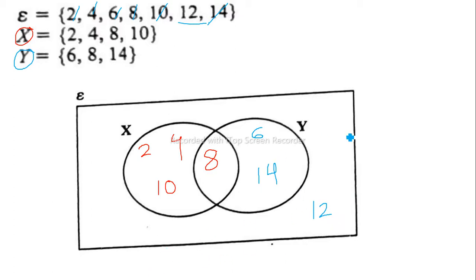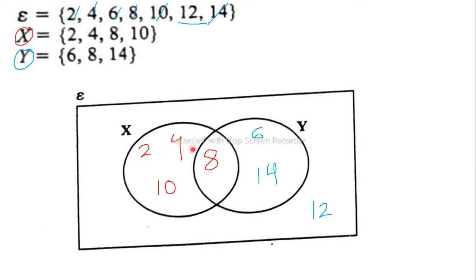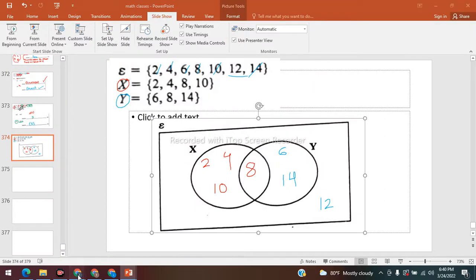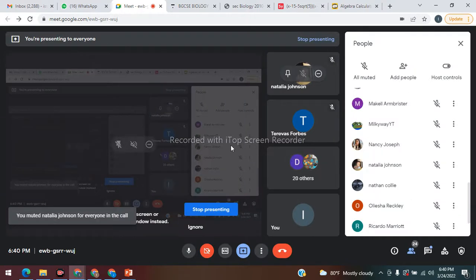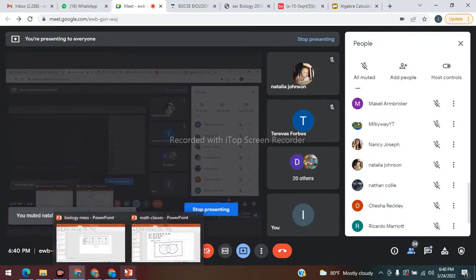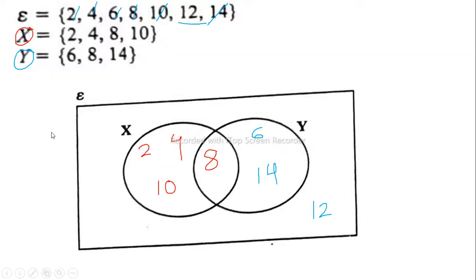Alright, so that's how we do it. So again, it's going to be 2, 4, 8, and 10. And then 6, 8, and 14.